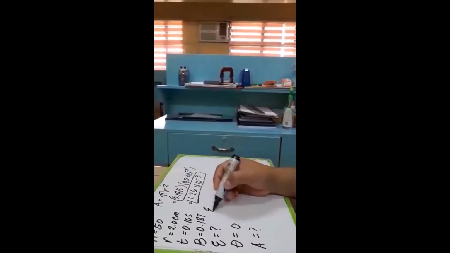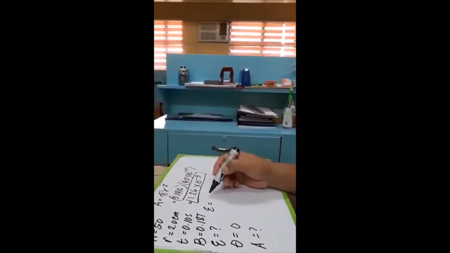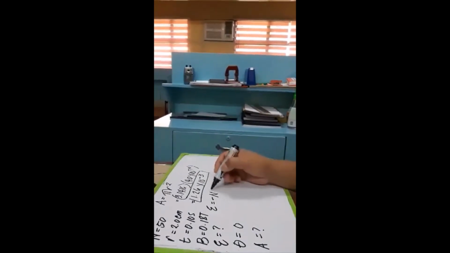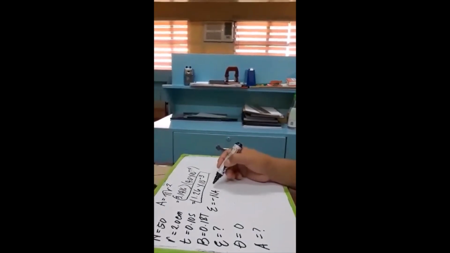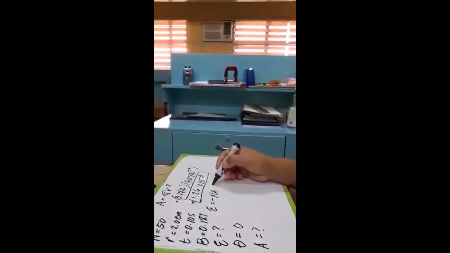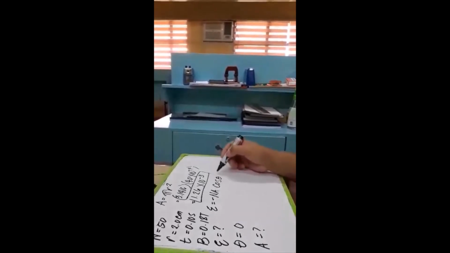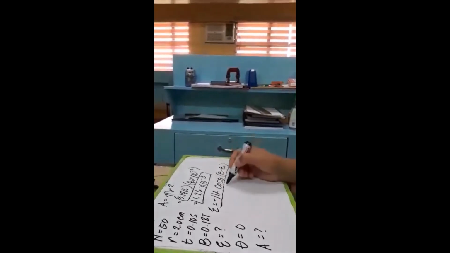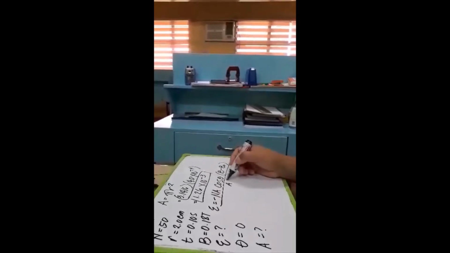So induced electromagnetic force is equal to, our formula is negative NA multiplied by cosine theta multiplied by the change of magnetic field over the change of time.